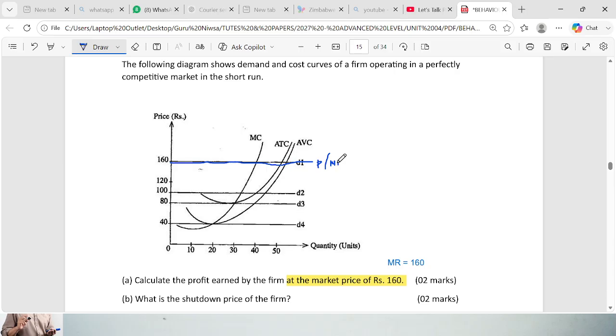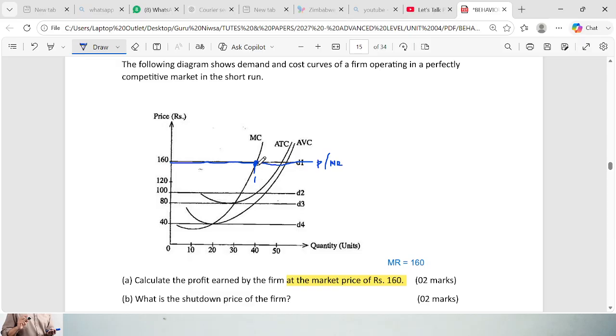Where is the profit maximizing output level? This is the output. How many units? 40 units. Come vertically downward.